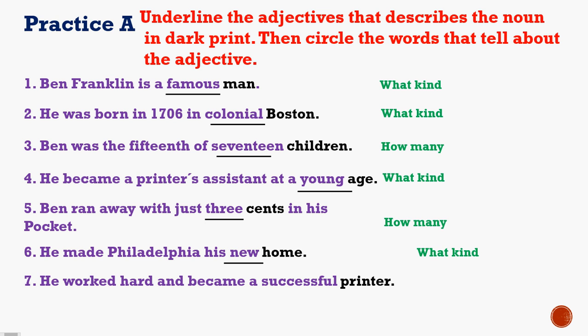Number 7. He worked hard and became a successful printer. The noun is printer, and the adjective is successful. Good job. This is about what kind or how many? Good job. It's about what kind.